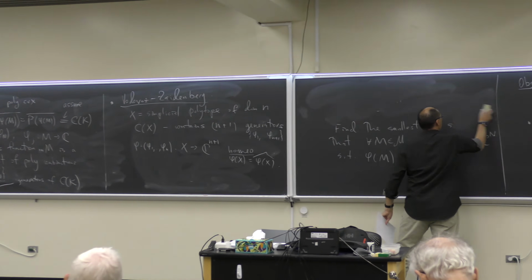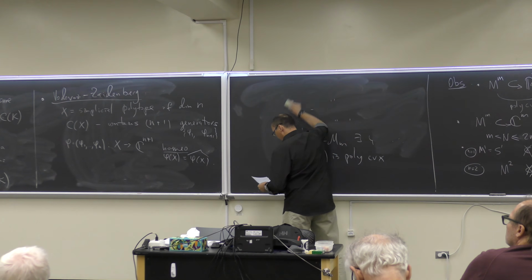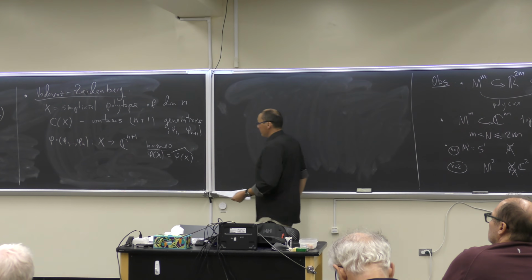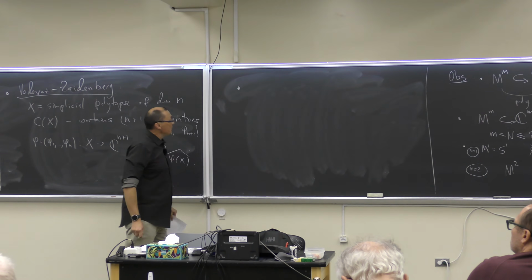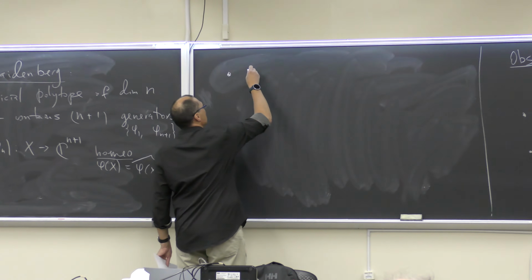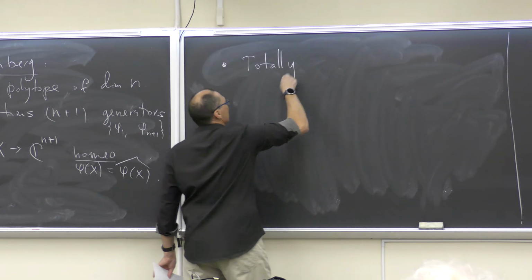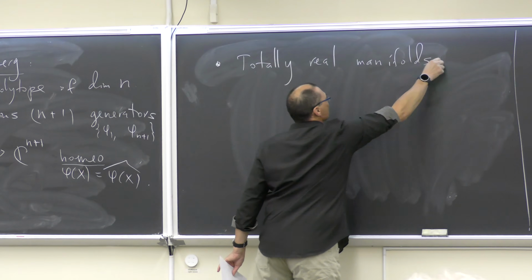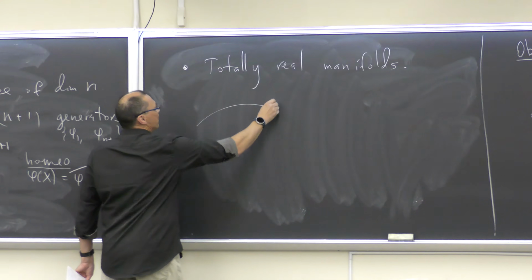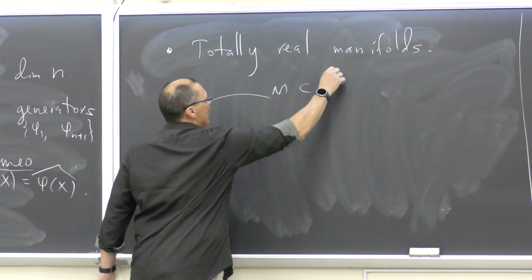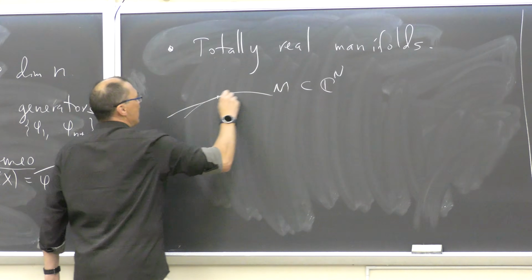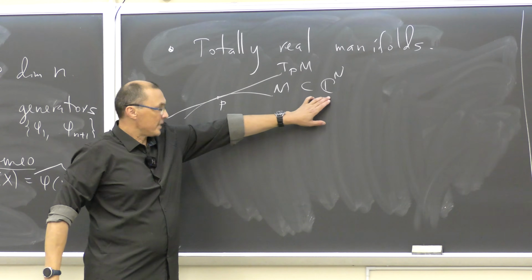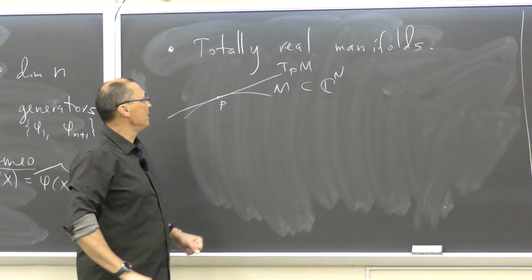To formulate the second result, I'm going to quickly discuss totally real manifolds. So you take a real manifold M in Cn. You take a point, you look at the tangent space TPM. It's a real subspace of Cn, or the tangent space to Cn.